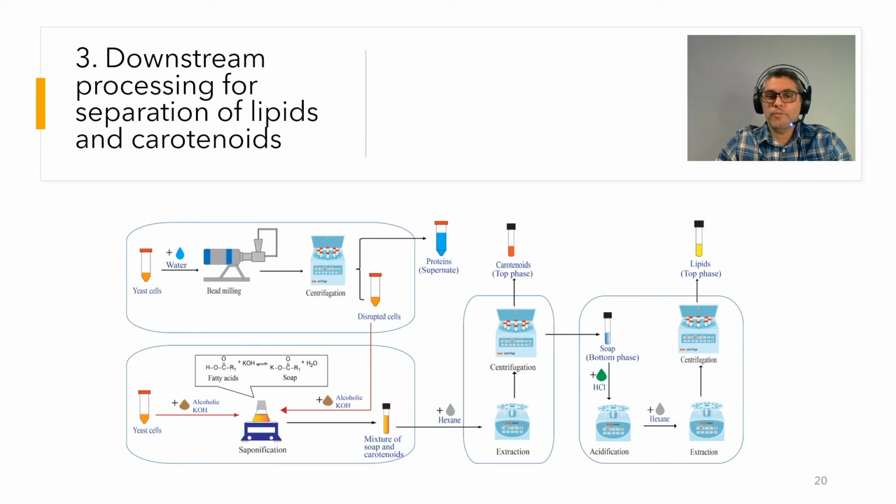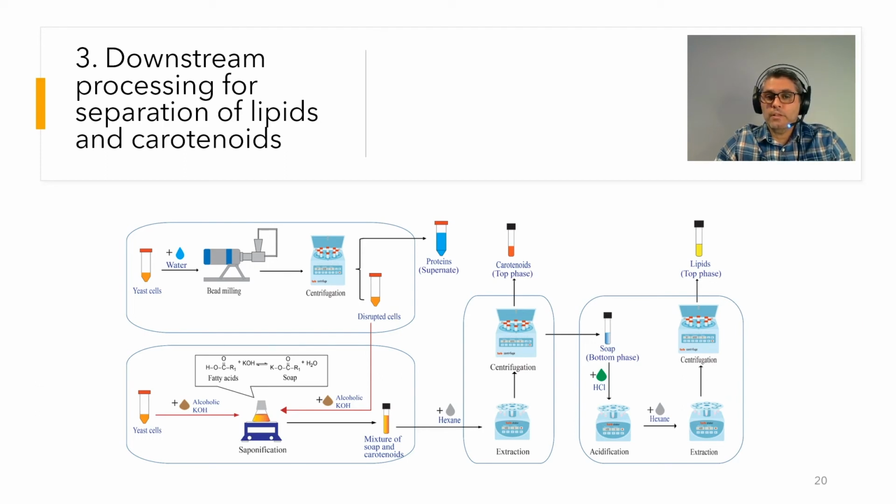The principle for separation of lipids from carotenoids is that in a sodium or potassium hydroxide-based solution, hydrogen ions of carboxyl groups of fatty acids can be neutralized and replaced by the metal ions to form fatty acid salts, which are soluble in water and ethanol, while carotenoids do not participate in this reaction due to the lack of carboxyl groups.